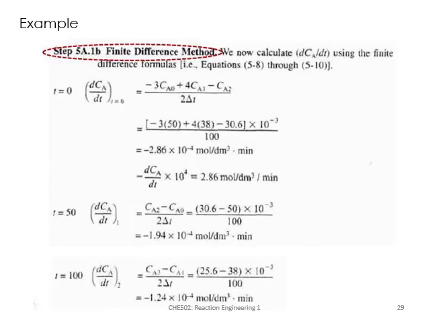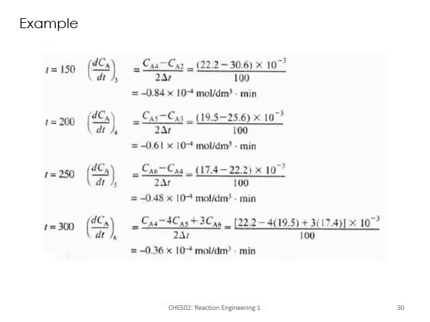This slide is the numerical method. How to use the formula: just substitute. You may compare as well the value for negative dCA over dt between numerical and graphical. For each value of time, you will have the respective value of negative dCA over dt.